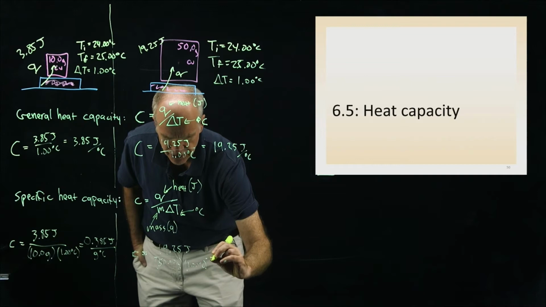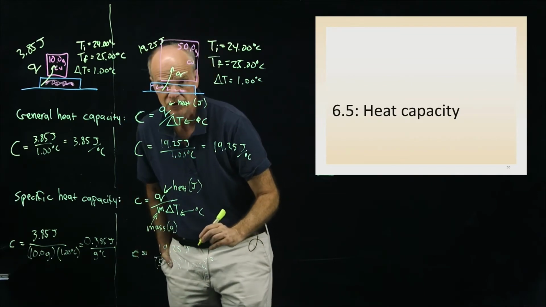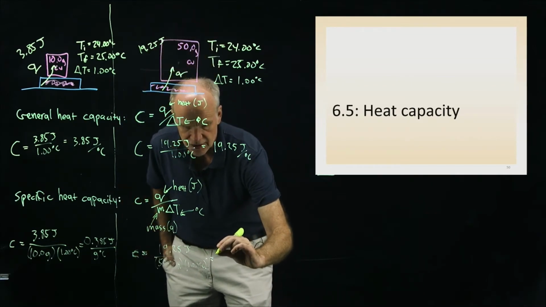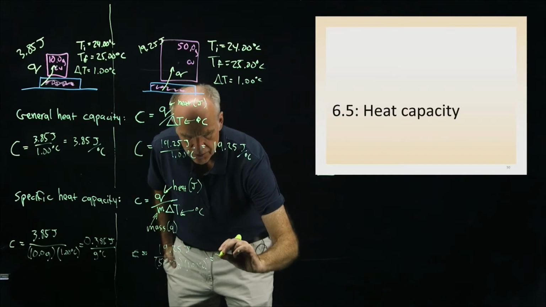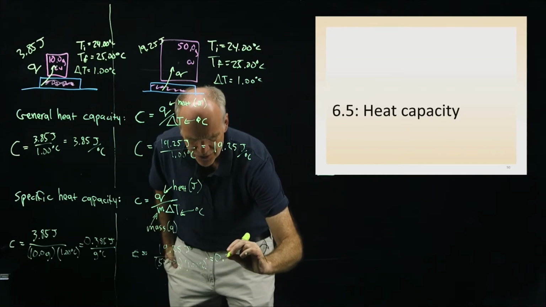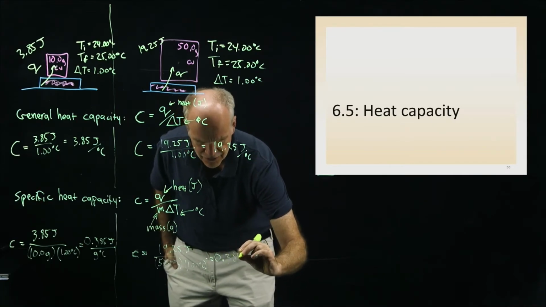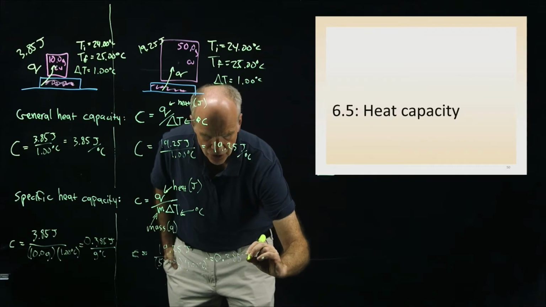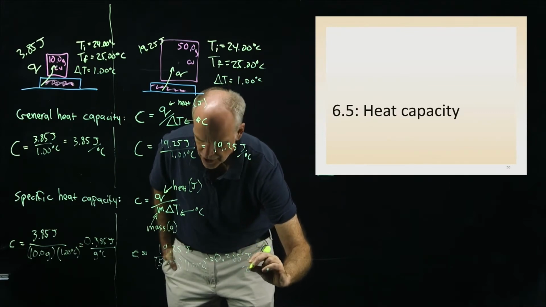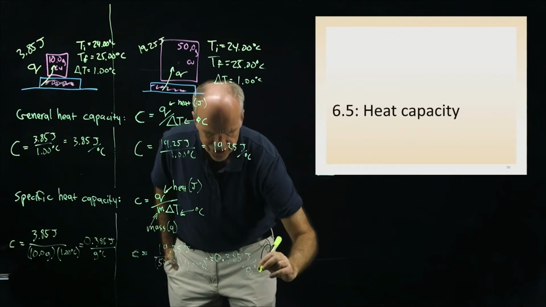If you divide those numbers out, the specific heat capacity of the large block is 0.385 joules per gram degrees Celsius.